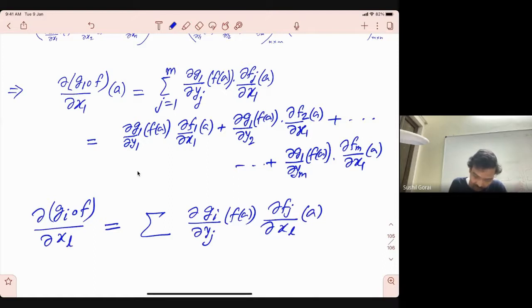So j varies from 1 to m. All right, is this clear?